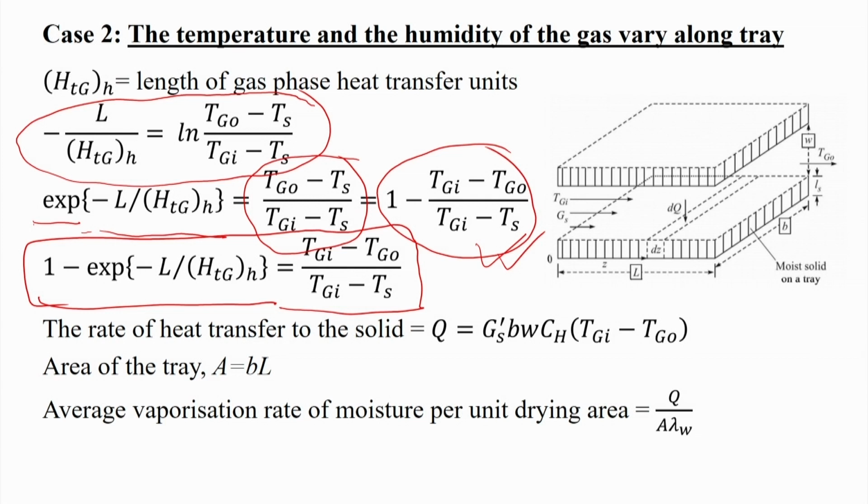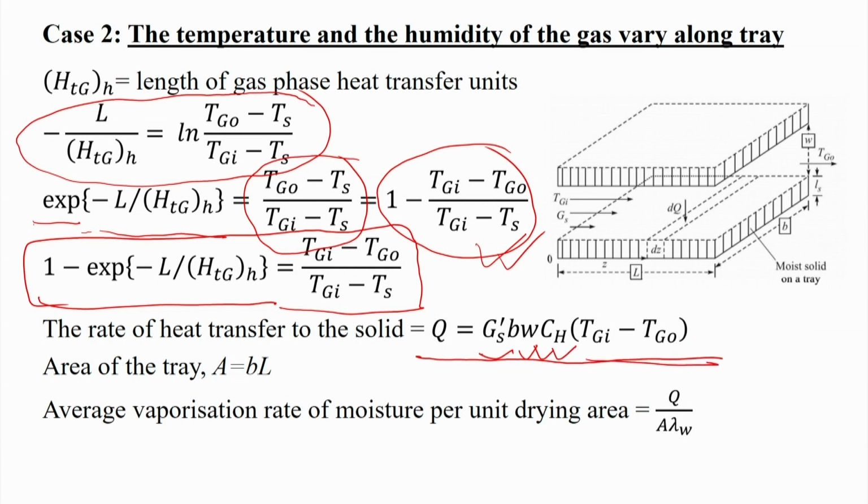And now the rate of heat transfer to the solid, the total dq we have assumed, is equal to Gs into B into W into Ch into (TGI minus TG out).